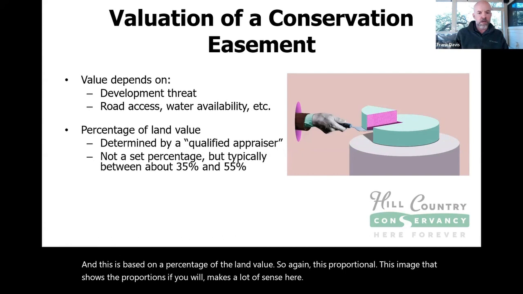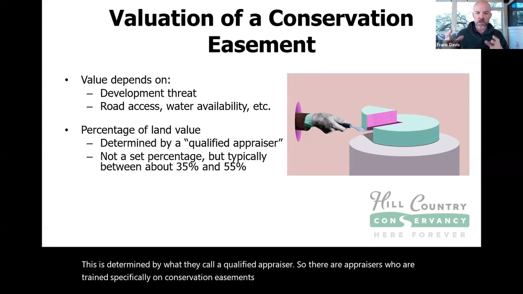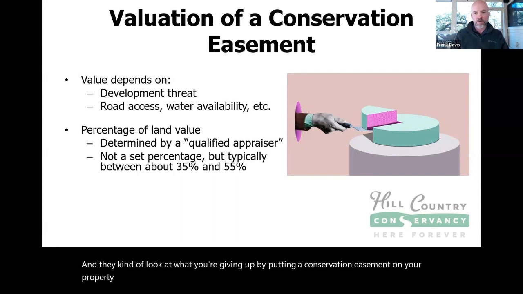This is determined by what they call a qualified appraiser. So there are appraisers who are trained specifically on conservation easements. And they kind of look at what you're giving up by putting a conservation easement on your property. Basically, what you're doing is you're saying no thank you to a lot of speculation, to a lot of other types of buyers.